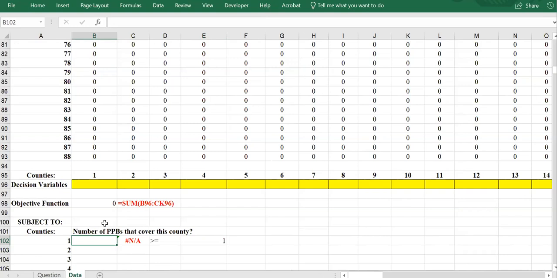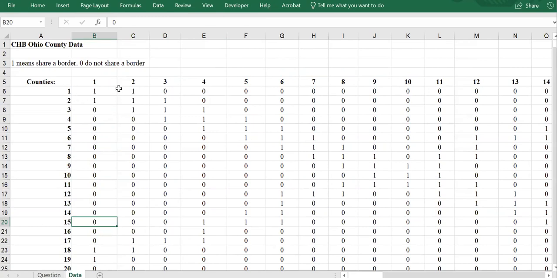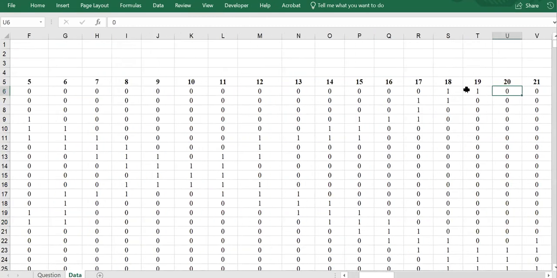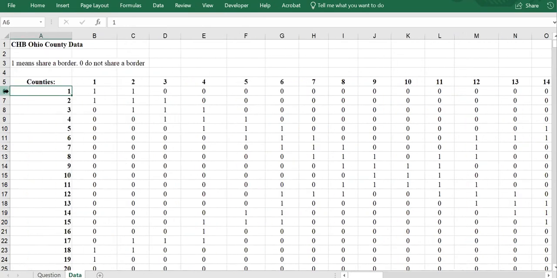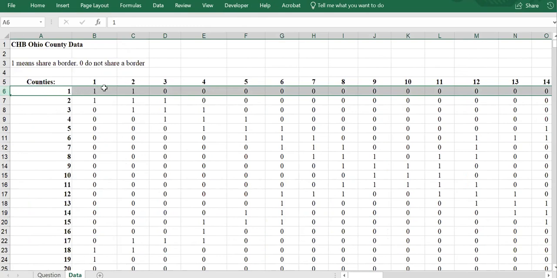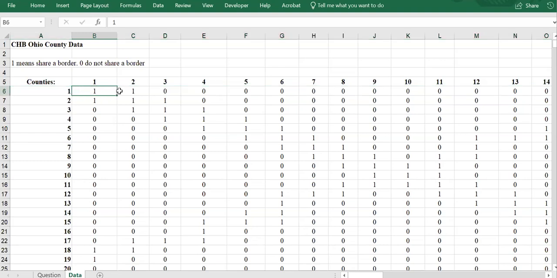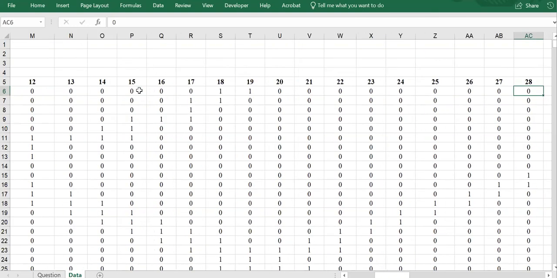We can just do that, or if we go up on our matrix here, we see that only 1, 2, 18 and 19, only these four counties, on the first row, which actually corresponds to county 1, their relationship with county one: one means they're its neighbors or itself, and zero means they're not.